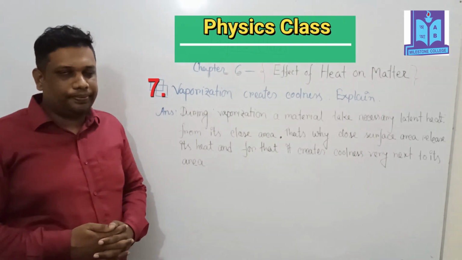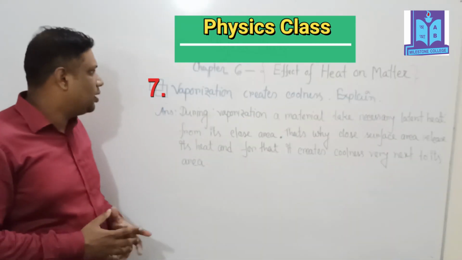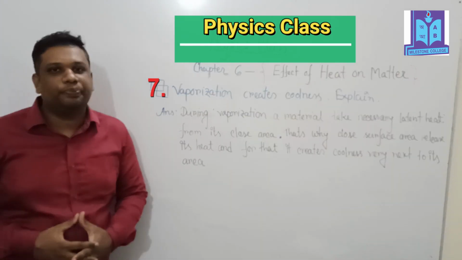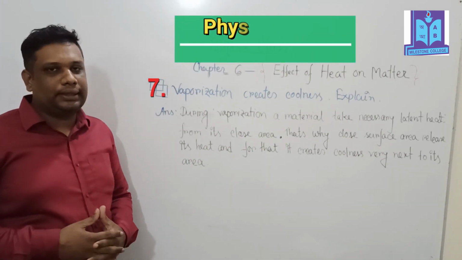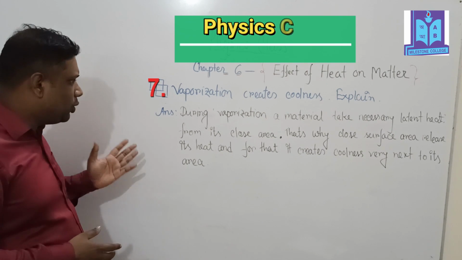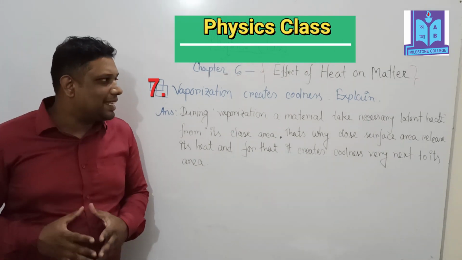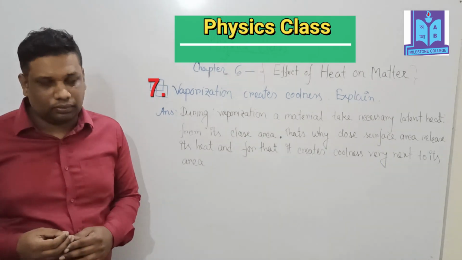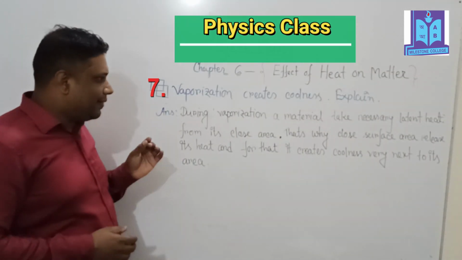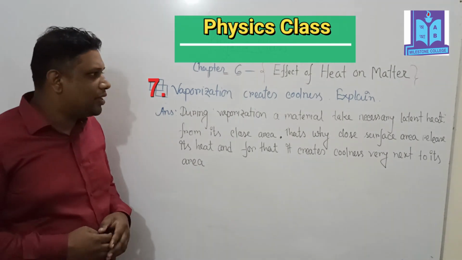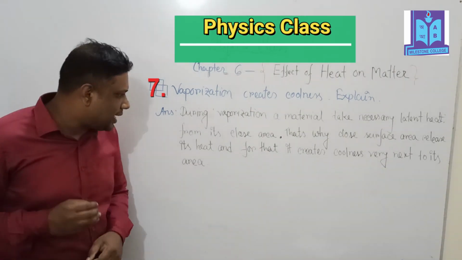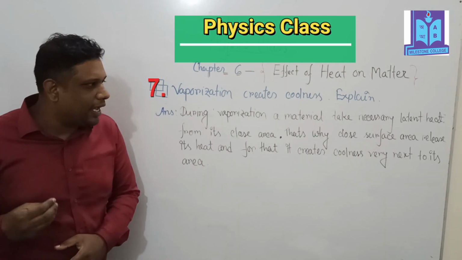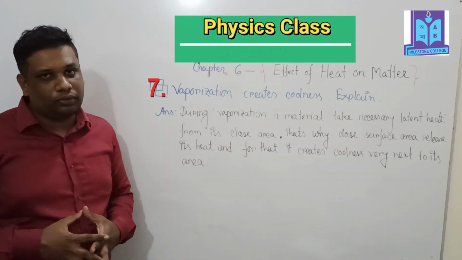My dear students, our next question is: vaporization creates coolness. Explain. For that we have to know, during vaporization a material takes necessary latent heat from its closed area. That's why the closed surface area releases its heat, and for that it creates coolness next to its area.